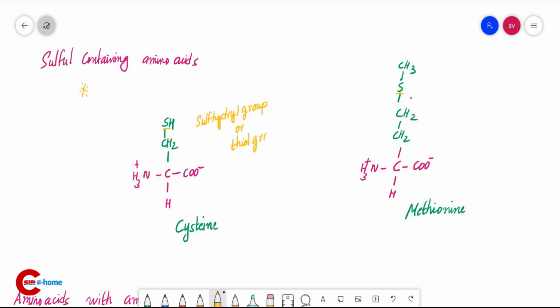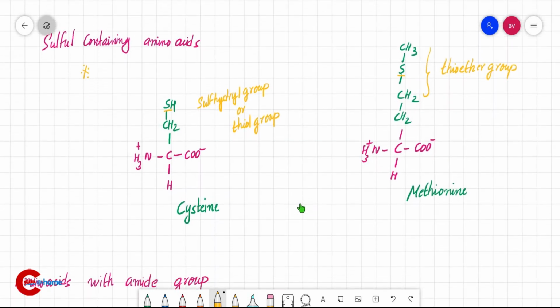Sulfhydryl group, or we can call it thiol group. In cysteine, the side chain is sulfhydryl group or thiol group. In the case of methionine, the group is thioether. This group is known as thioether group in the case of methionine. So which are the sulfur containing amino acids? Cysteine and methionine.